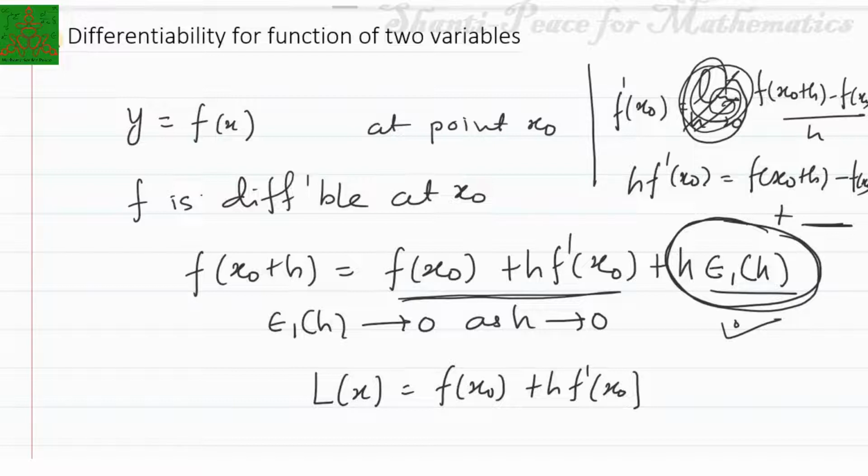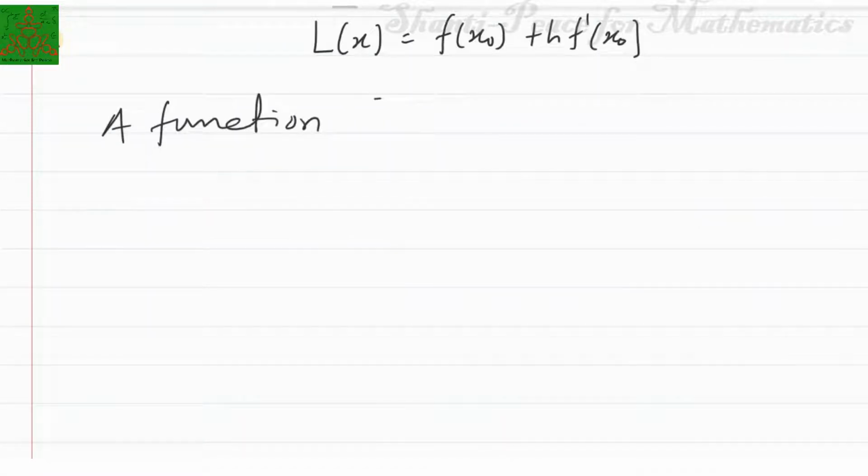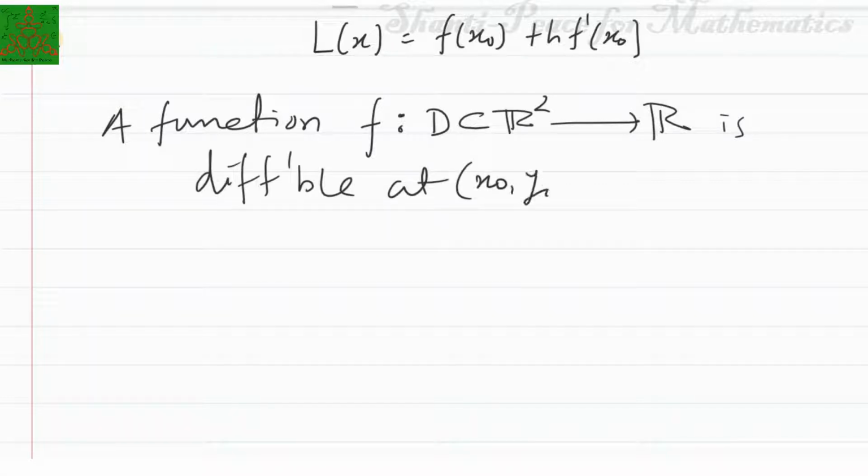Now with this idea of differentiability for one variable, we can define differentiability for functions of two variables, or in general generalize the same idea for functions of 3, 4 or more variables. Let f be defined over D, which is a subset of R square, to R. We say f is differentiable at point x0, y0 in D if the following holds.